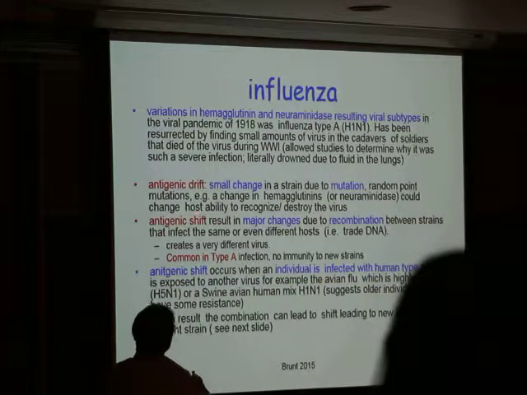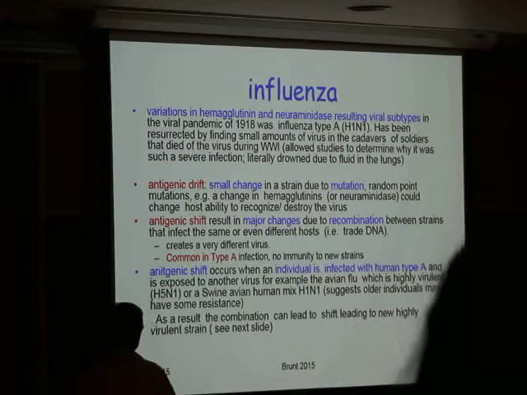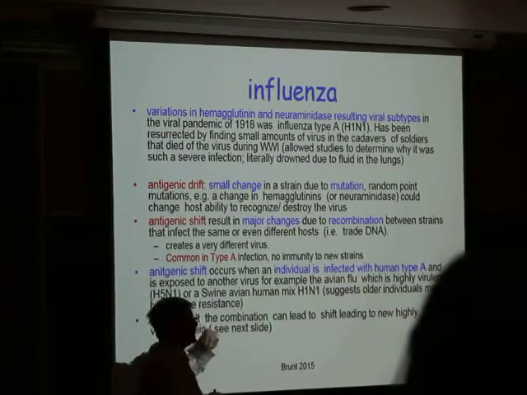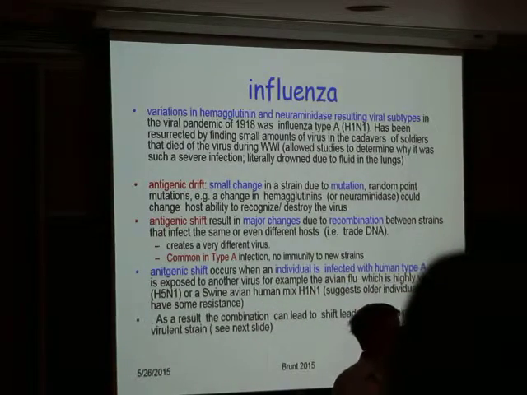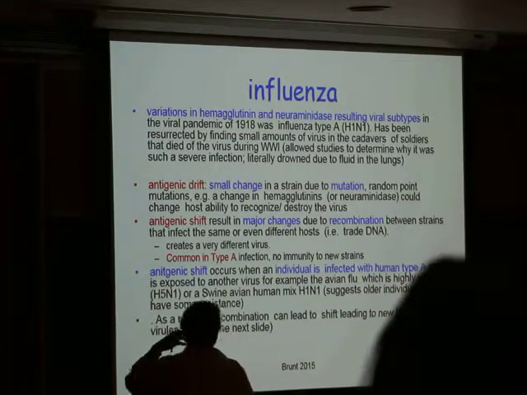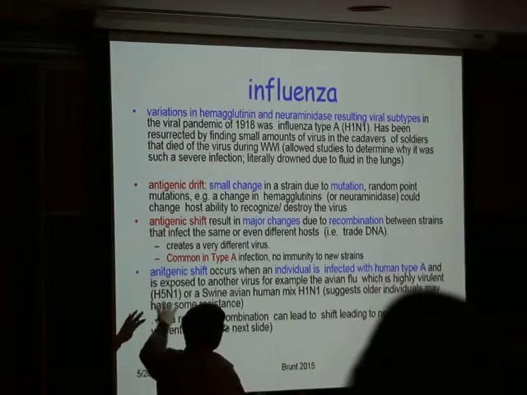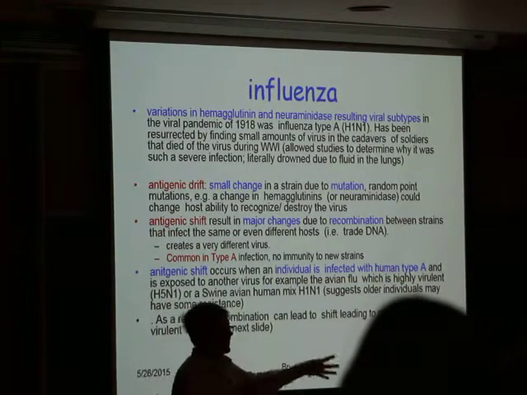Now, I've already defined antigenic drift as small changes, which really will not result in major modifications of influenza. But antigenic shift can lead a virus from going from H1N1 to a different virus completely. Antigenic shift can occur when an individual is infected with a human type A and then is exposed to another virus.